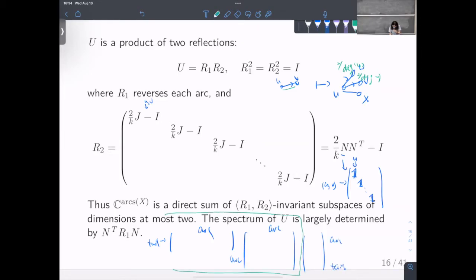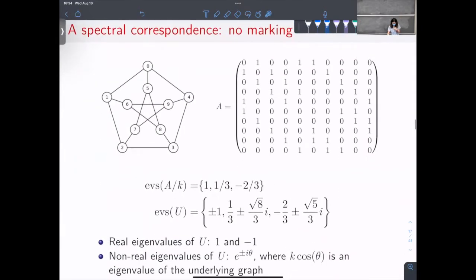And the first two matrices, their product is equal to the head-arc incidence matrix. And the head-arc incidence matrix times the arc-tail incidence matrix is exactly the adjacency matrix of the graph. So from the giant matrix U, we recover something that we are familiar with. So here's an example. We have a Petersen graph and its adjacency matrix on the right. It's well known that the Petersen graph has 3 eigenvalues, 3, 1, and -2.